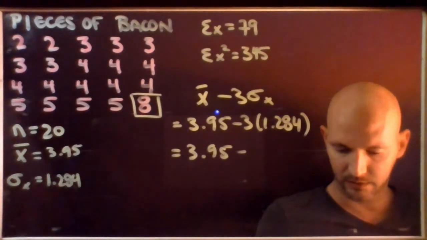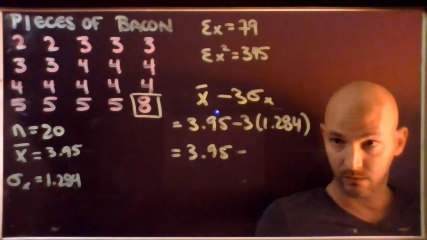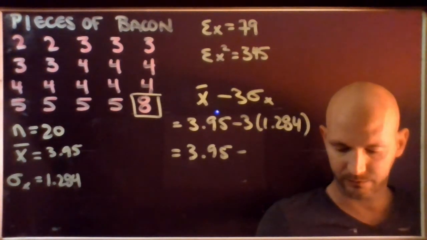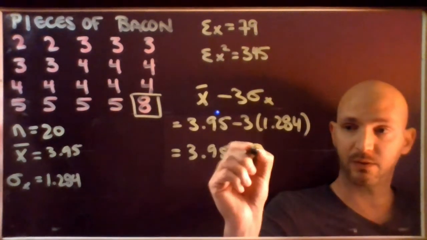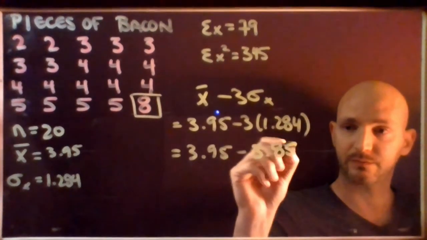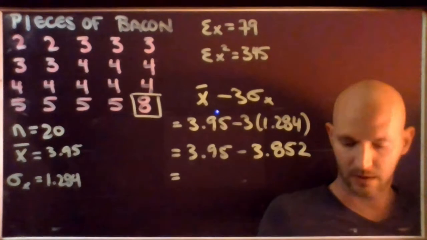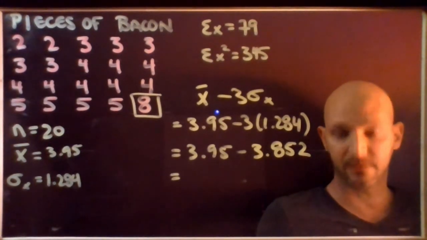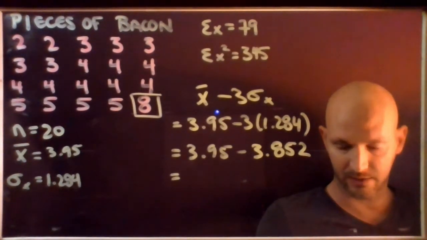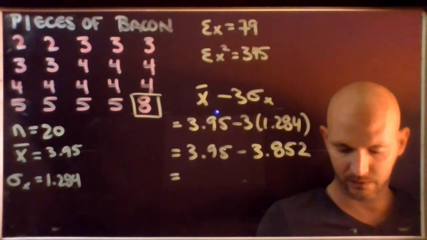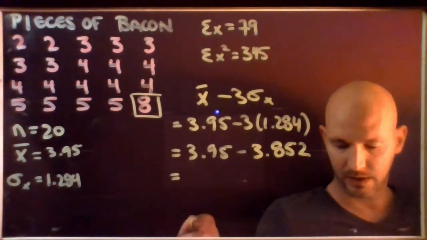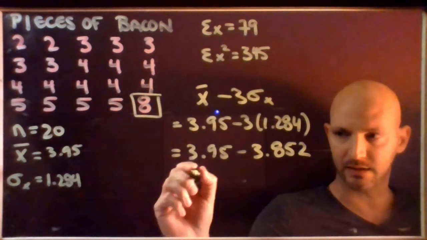3 times 1.284 is 3.852. And if I did 3.95 minus 3.852, I get 0.098.